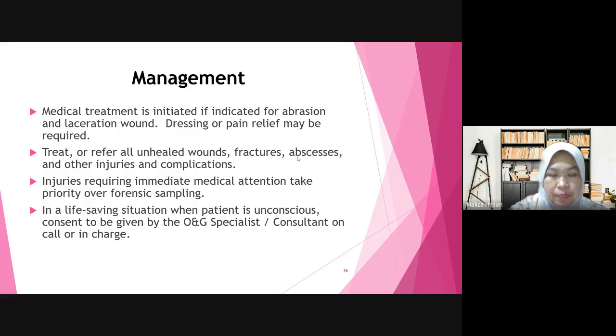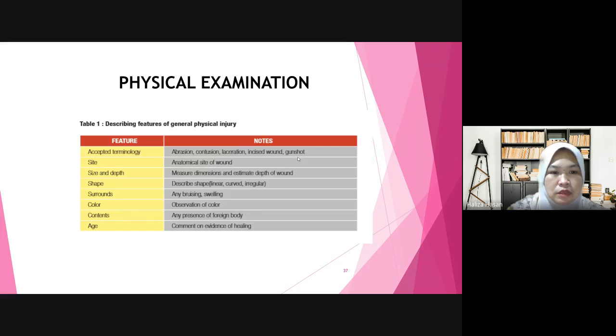Okay. Physical examination describes features of general physical injuries. So this is how the detailed physical examination will be done at OSCC. So the accepted terminology, abrasion, contusion, anatomical site of wound, color, or they have to document the shape and age. So very detailed.